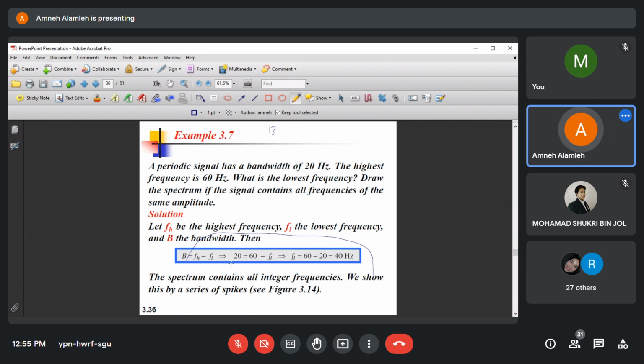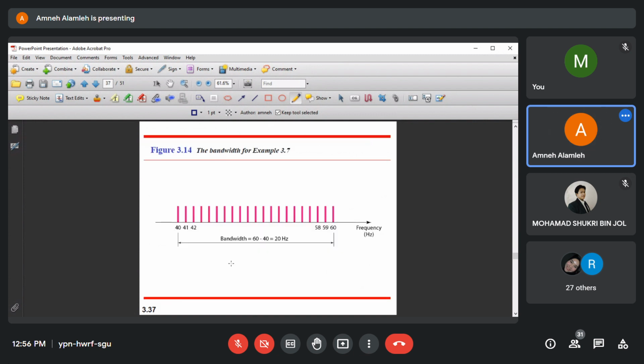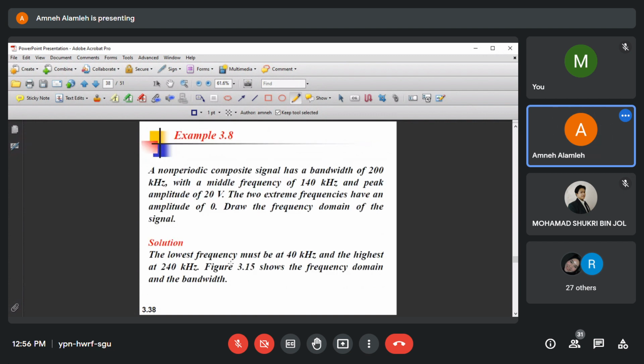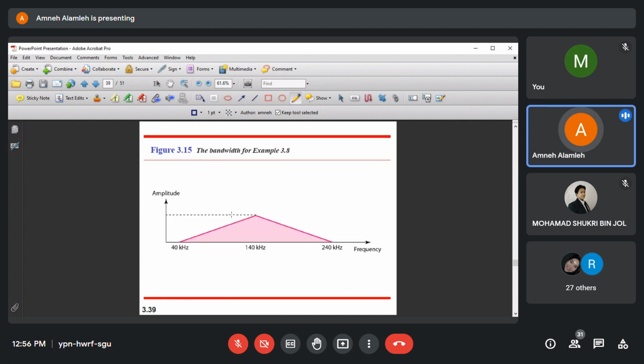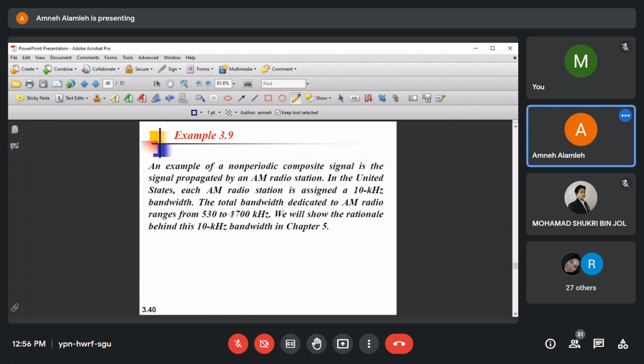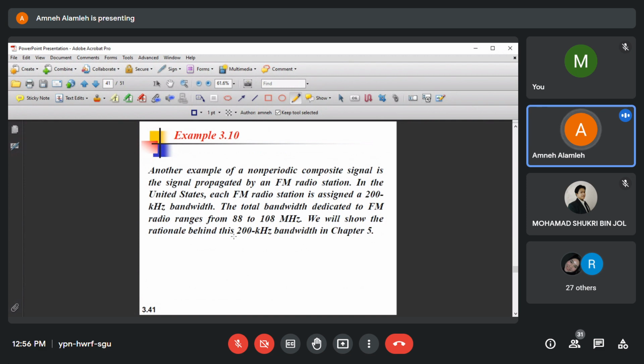So we can invert, and this is how we plot the spikes of this signal, the waves. This is another example that you can learn by yourself. It is so simple. If you have any question, you can come back and ask.